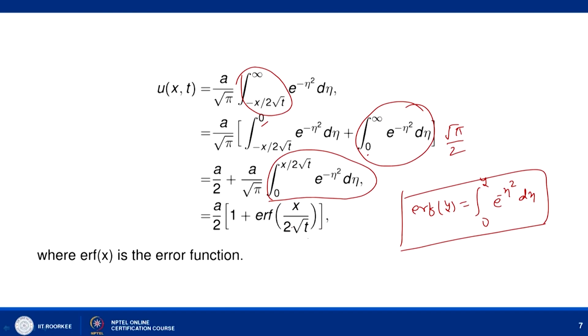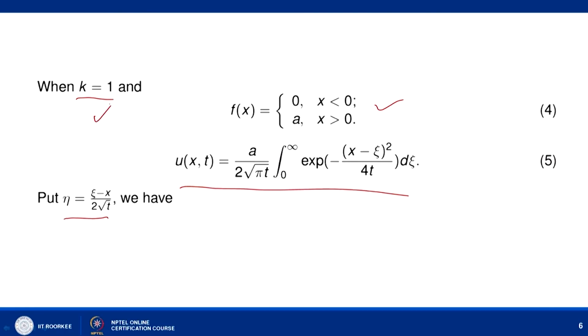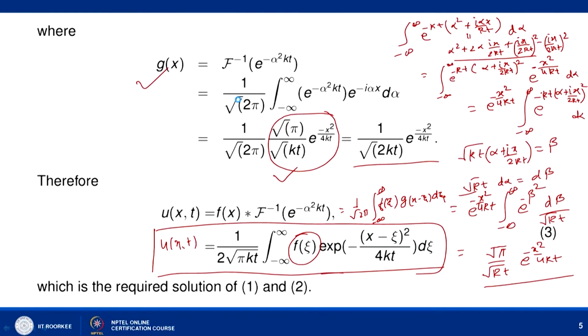So, here it is a very particular case when we assume that k is equal to 1 and f of x is taking this value. But in general, if f is given some value, then our solution u x t is written as 1 upon 2 root pi k t, integral from minus infinity to infinity f of xi exponential of minus of x minus xi whole square upon 4 k t d xi. So, this is the solution.